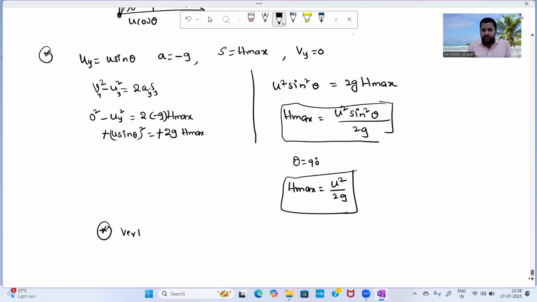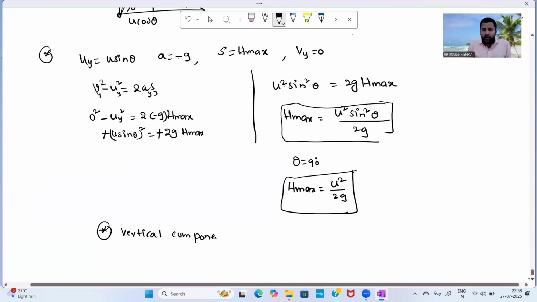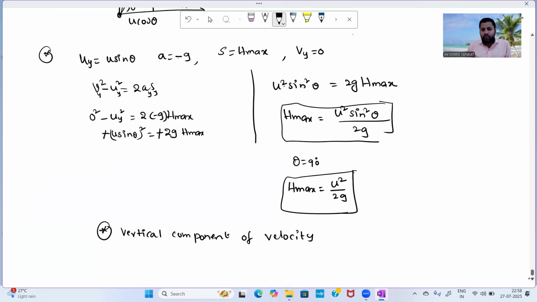First, the vertical component of velocity becomes 0.